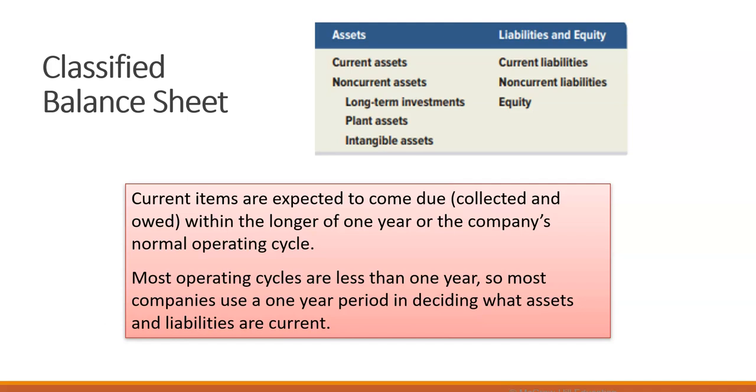So current items are expected to come due or be owed within the longer of 1 year or the company's normal operating cycle. Most companies have a 1-year operating cycle. There are some exceptions that have a longer than 1-year operating cycle. So most companies use a 1-year period in deciding what assets and liabilities are current.